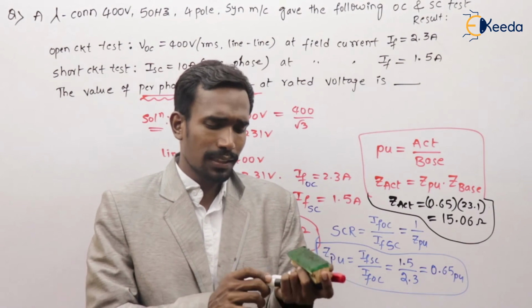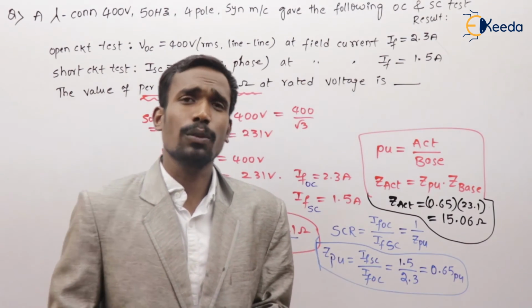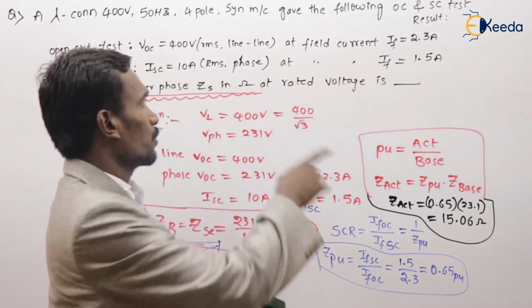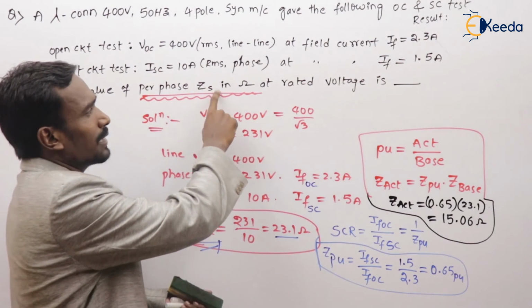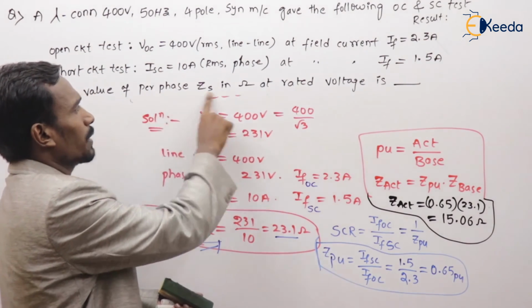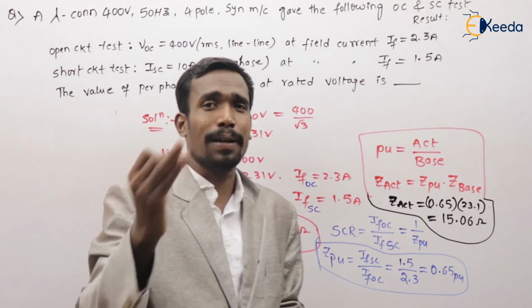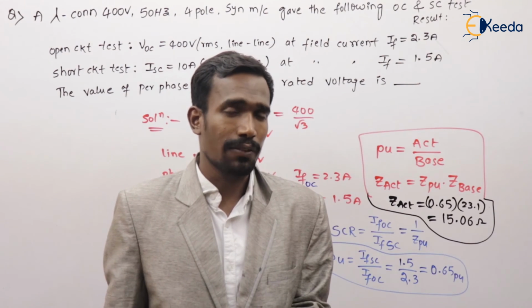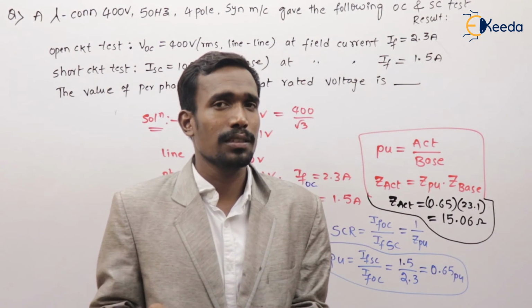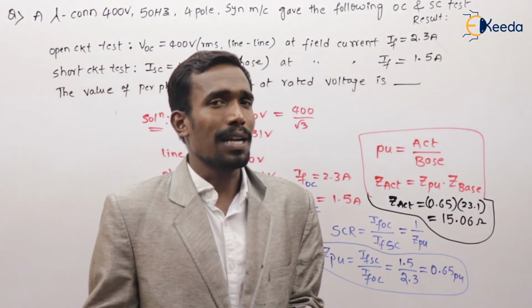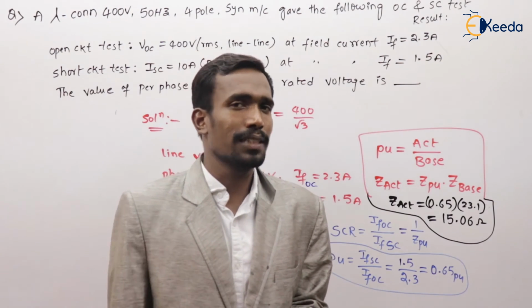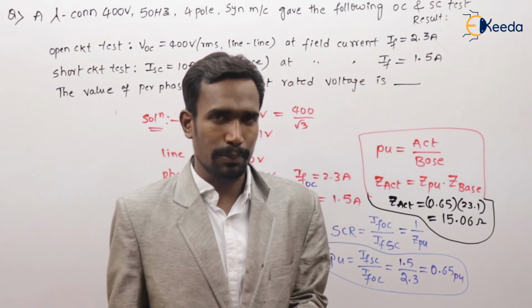So what did I do? We have to find the actual impedance. For that, we have to find the per unit impedance and the base impedance. Multiplying the per unit impedance with the base impedance, we can get the actual impedance.